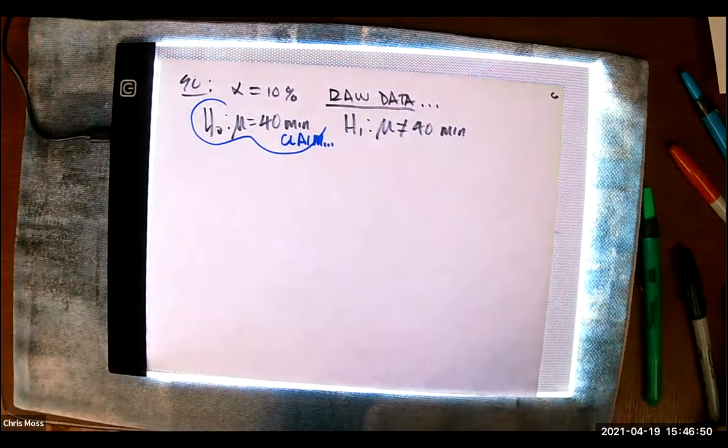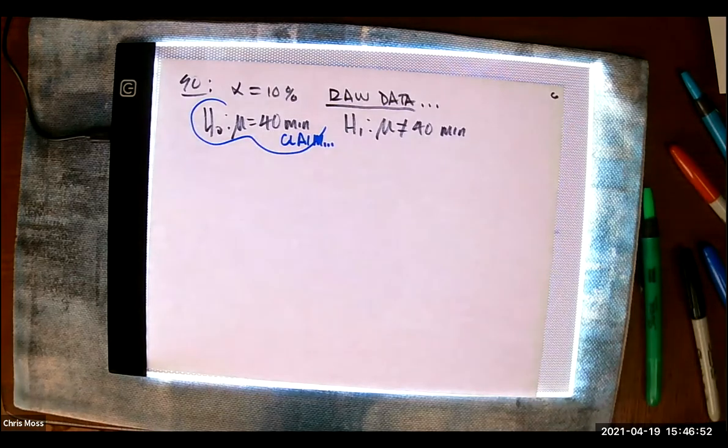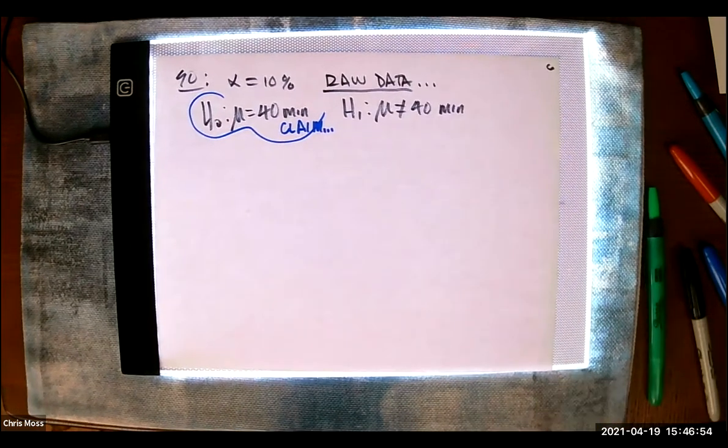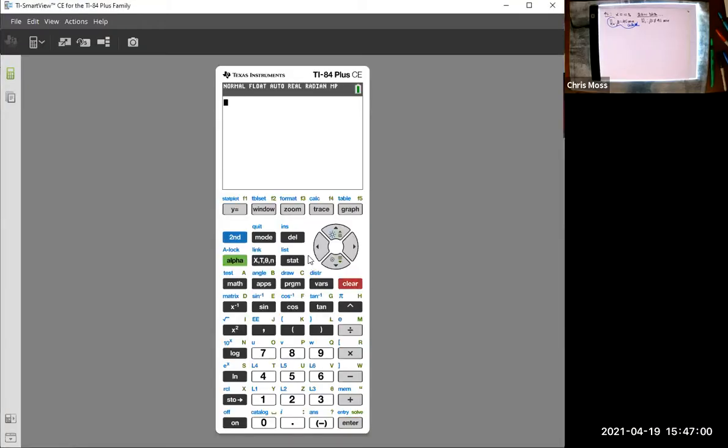Here's my claim. Now, let me come over here and share my screen again. I'll go right to edit and clear out a list. I'll usually use list one if it's available.